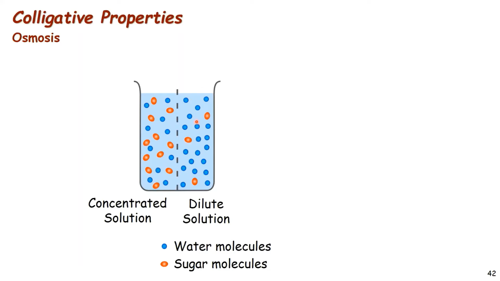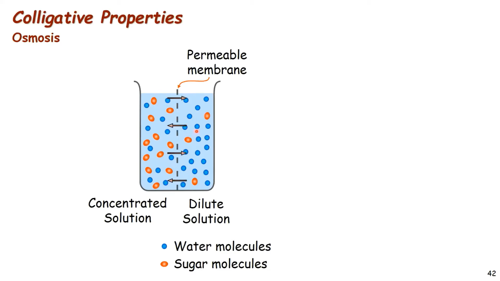This side has fewer sugar molecules, so it has a lower concentration. And the screen is big enough that the sugar molecules and the solvent molecules can fit through the holes. We call this a permeable membrane. So all the solute and solvent molecules can easily pass through them.